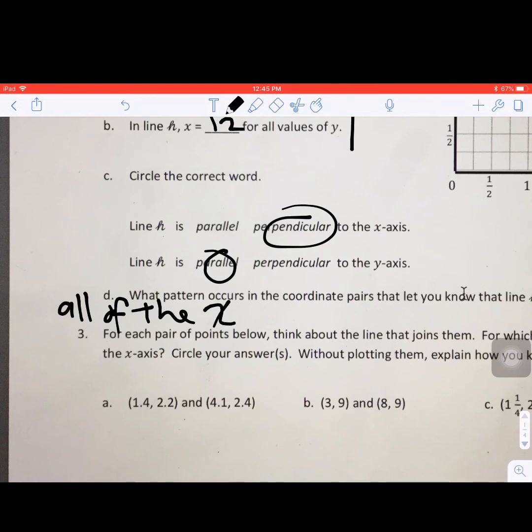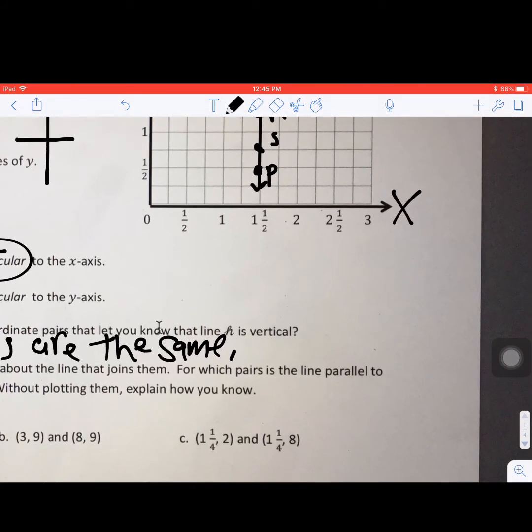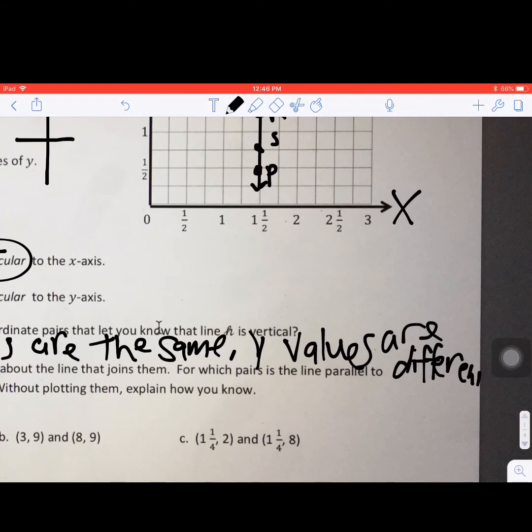Well, all of the x values are the same, but the y values are all different. Sorry about the super spectacular handwriting. Don't have a stylus, so it looks so beautiful.